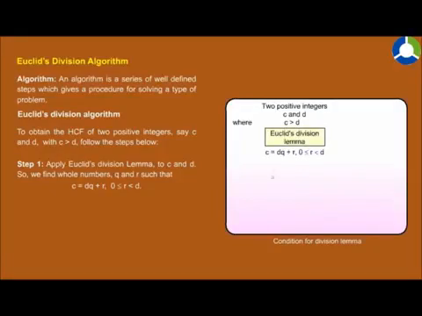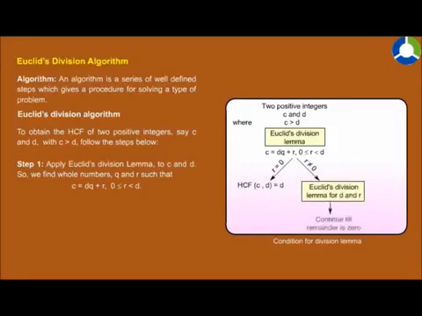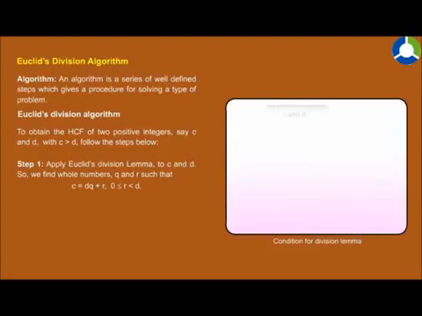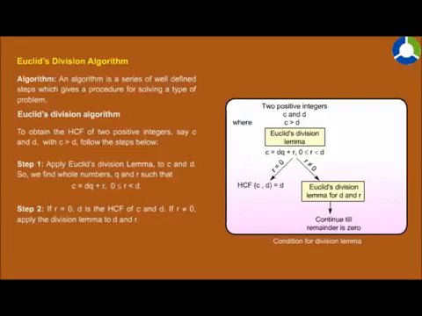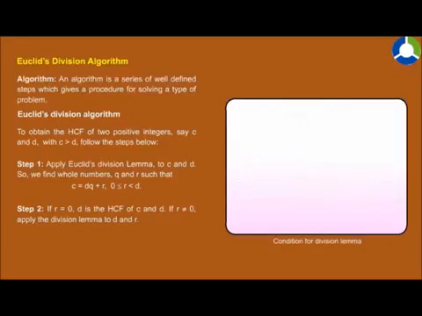So, we find whole numbers q and r such that c = dq + r, where r is greater than or equal to 0 and less than d. Step 2: if r = 0, d is the HCF of c and d.